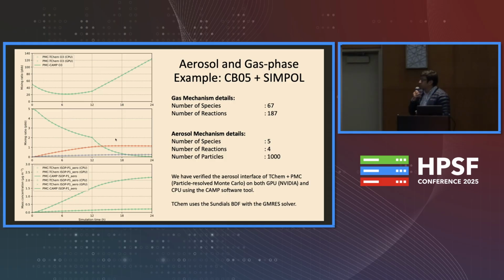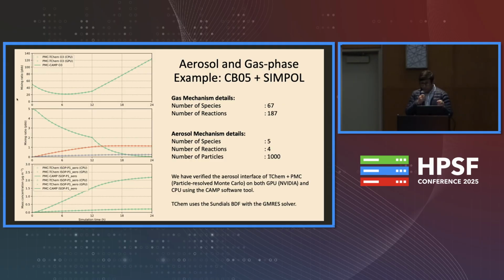Another example using our code is this plot where I show gas plus aerosols, where aerosols are just small particles that are flowing around. If you look at all these plots, these are just concentrations over time, and in here we are comparing GPU and CPU, just to make sure that both implementations are working correctly.